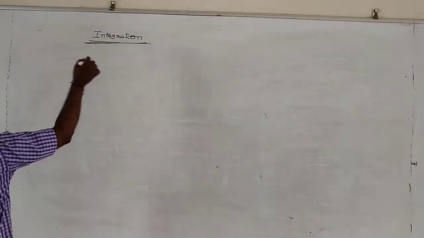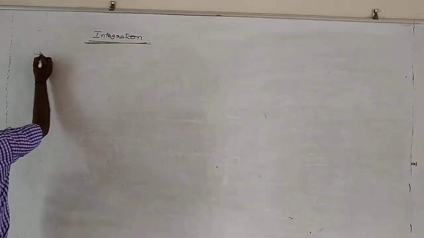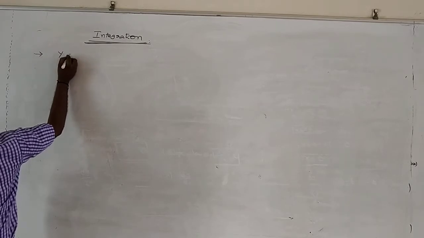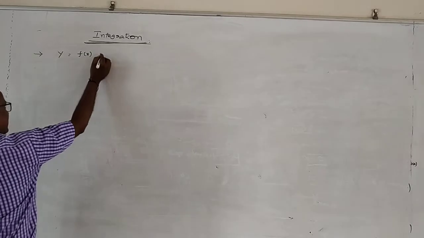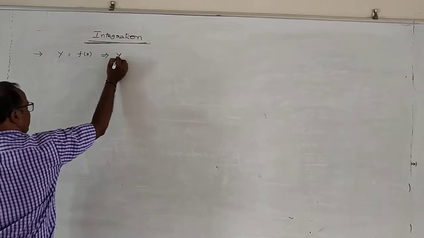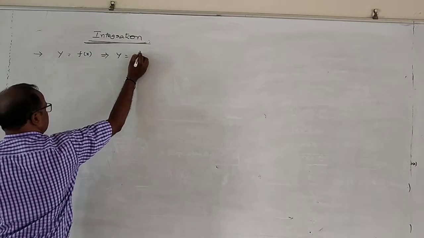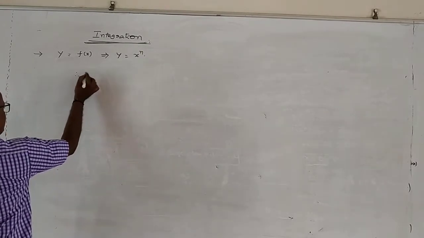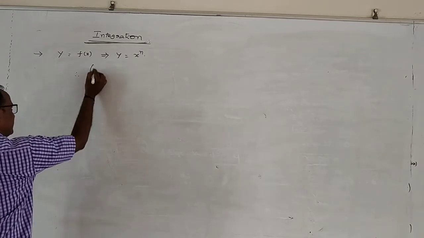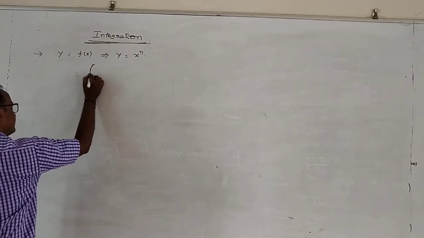Okay, in integration, suppose y is a function of x, y is equal to x power n. Then what is the value of integration? This is the symbol for integration.